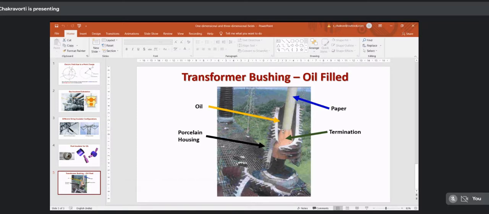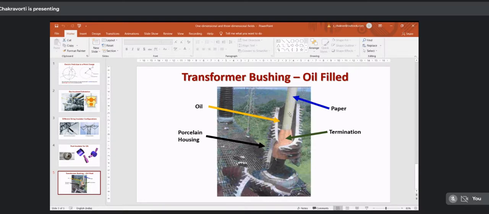Then we ensure that there will be no air gap between the two. And oil is a much better dielectric, so we eliminate the possibility of discharge. So that's the technical reason why there is a gap between the porcelain housing and the paper inside.